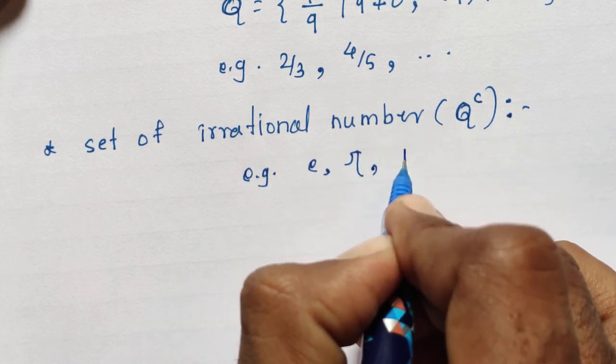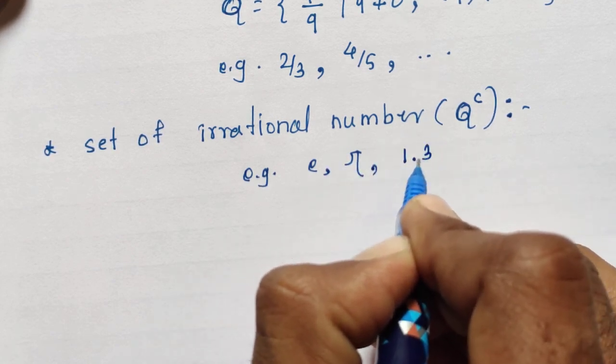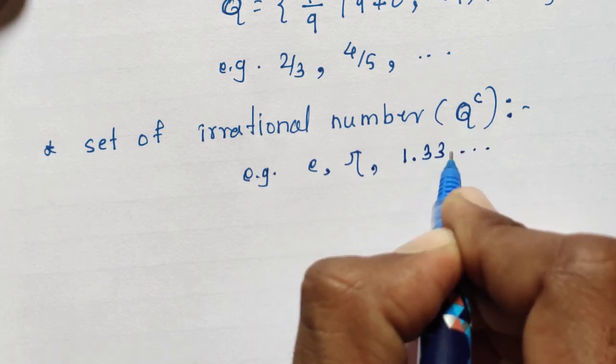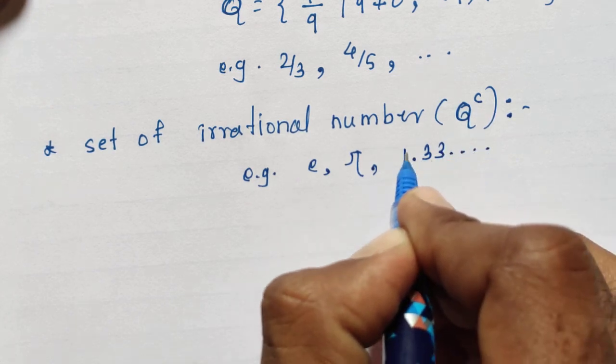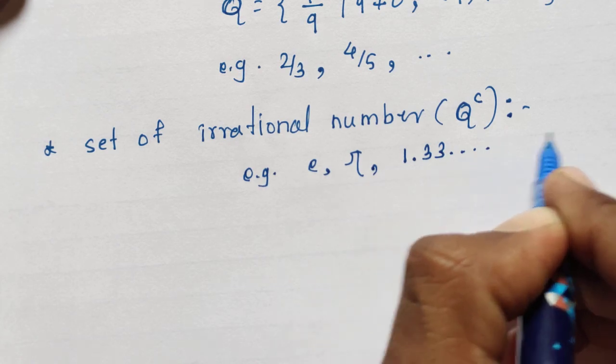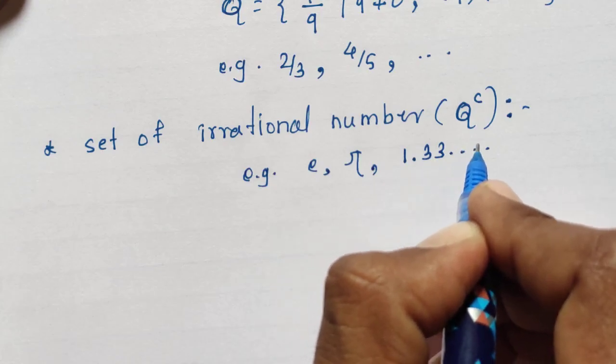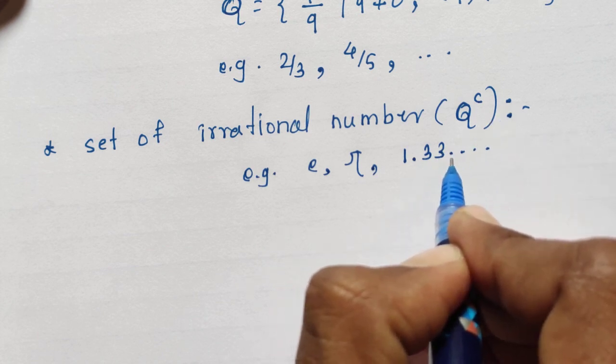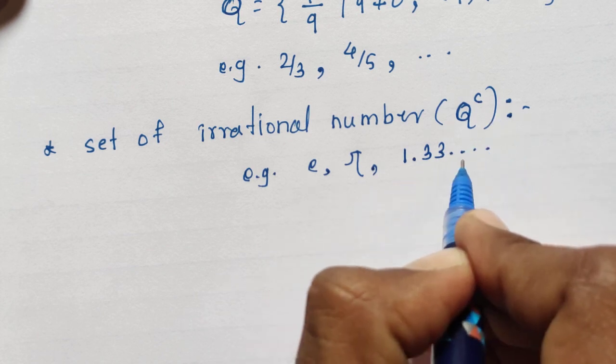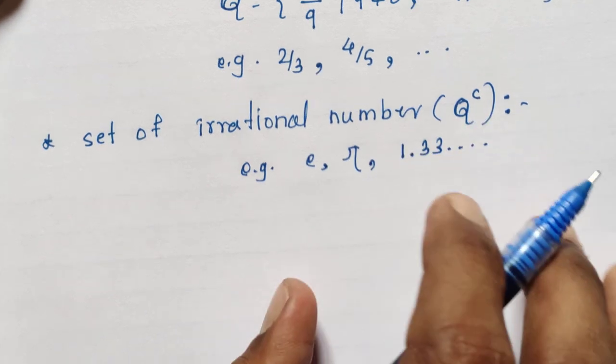Irrational numbers means numbers such as 1.333 and so on, where the digits after the point do not stop anywhere. Those numbers are said to be irrational numbers.